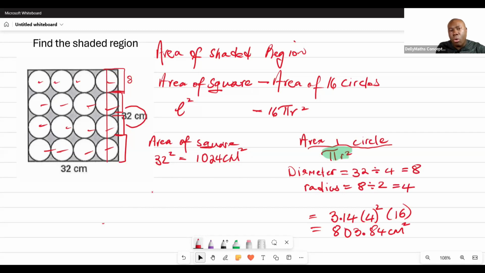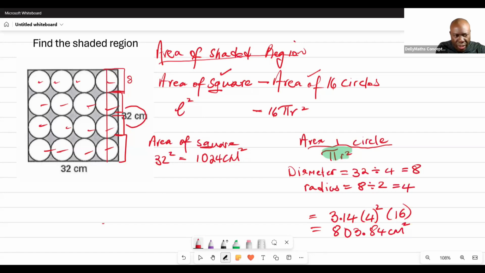Remember now we could go back to the original plan. The original plan for the shaded region is that we want to find the area of the square and take away the area of the 16 circles.